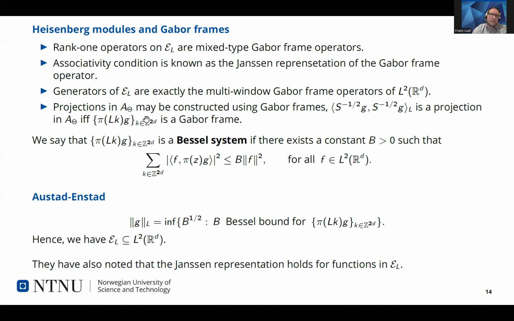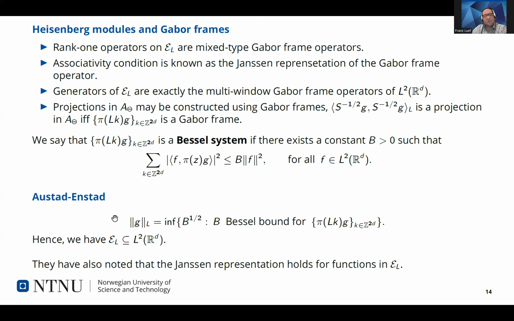It's quite difficult to classify, for a given g or for a given lattice, a given matrix, when you get Gabor frames. One reason is that it boils down to constructing projections in noncommutative tori in higher dimensions, and this is hard. And if you have this frame condition only as the upper bound, then it's a Bessel system.